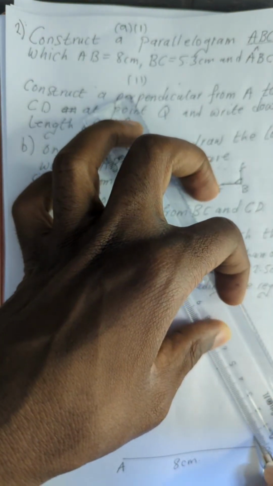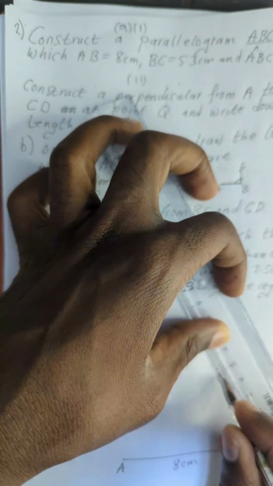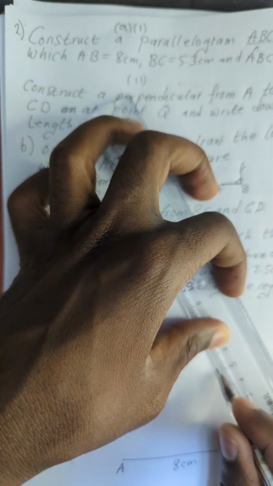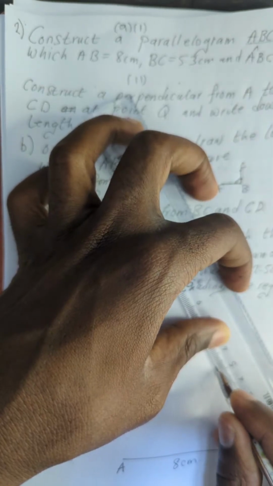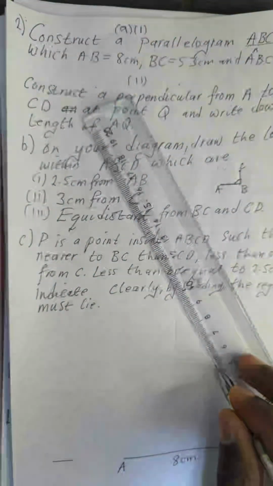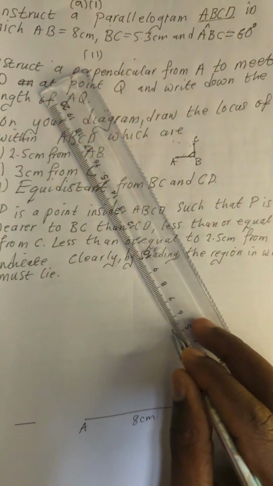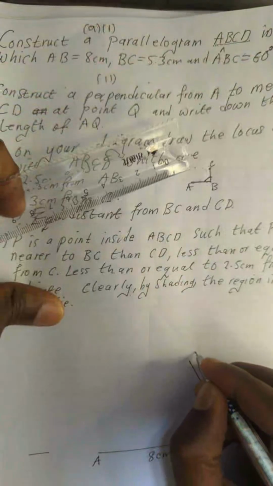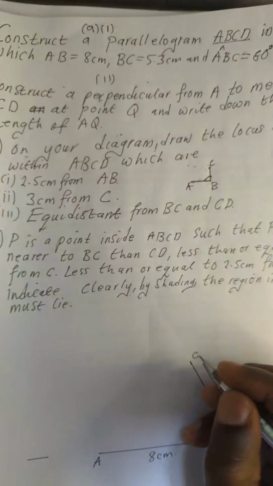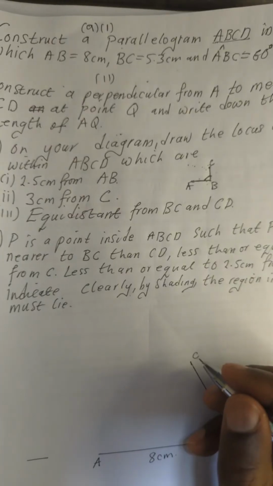But we stick to 5.3. Sorry, so this is 5.1, 5.2, 5.3. So this is 5.3. I don't know if you can see, it's not that clear. But somewhere there, that's 5.3. So this is our C. Now how do we come up with D?